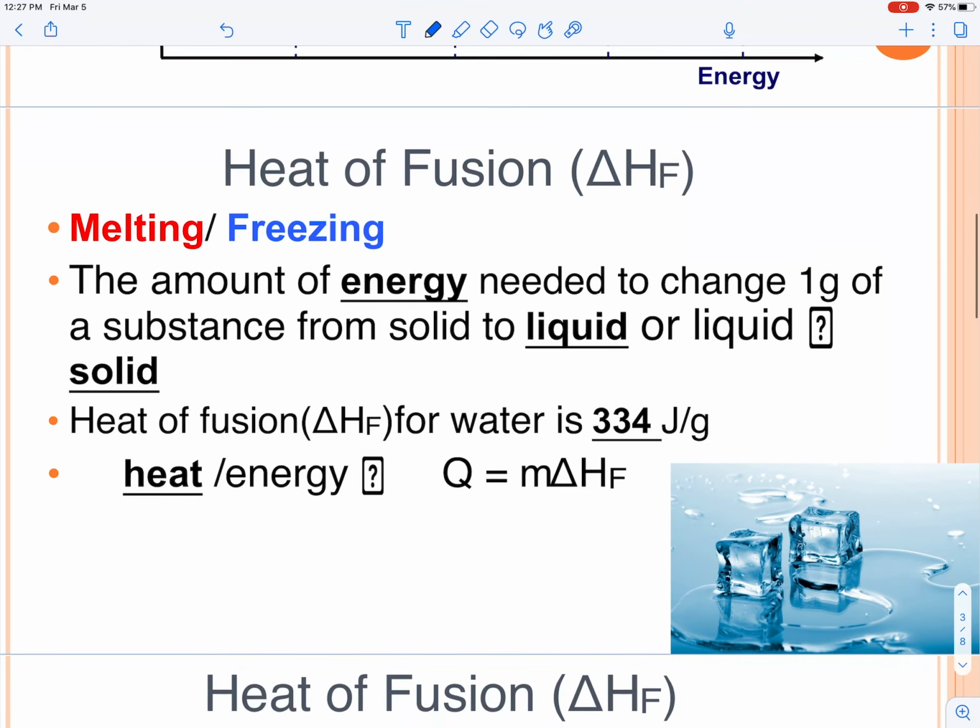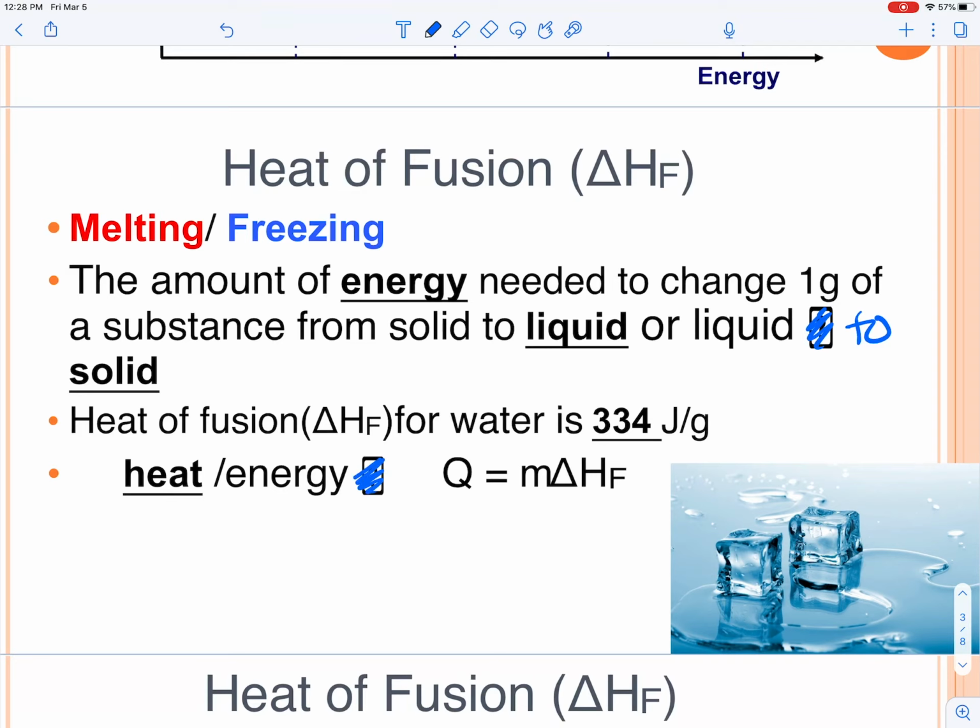All right, the heat of fusion. This applies to melting and freezing, and it's how much energy you need to change 1 gram of a substance from solid to liquid or liquid to solid. The heat of fusion for water is 334 joules per gram.